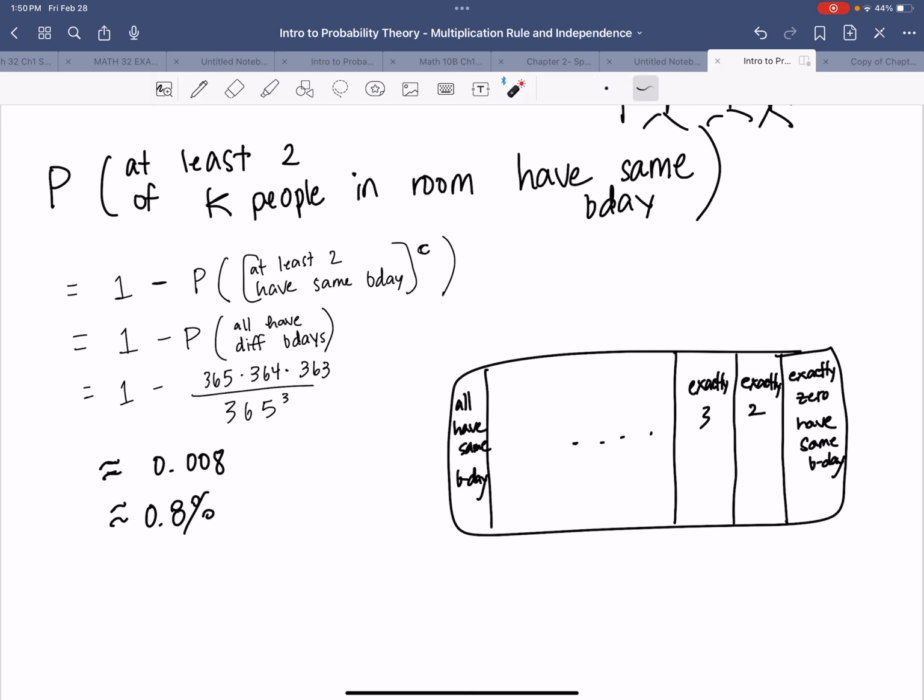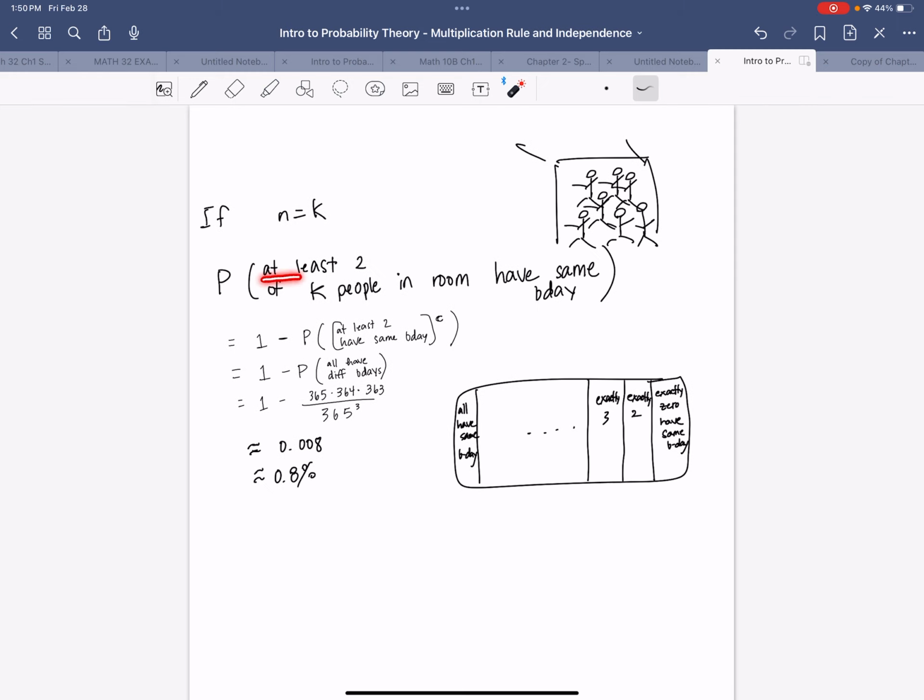So even in this instance, I'm looking for the complement of at least 2. So at least 2 means 2 have the same birthday, 3 have the same birthday, 4, and so on, all the way up to k. The complement to that is they all have different birthdays.